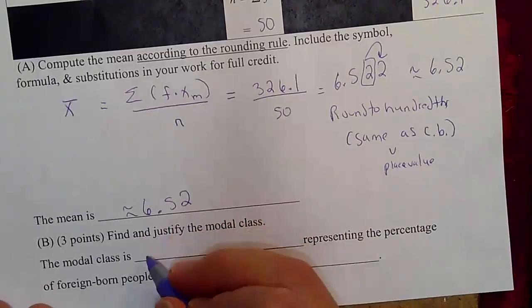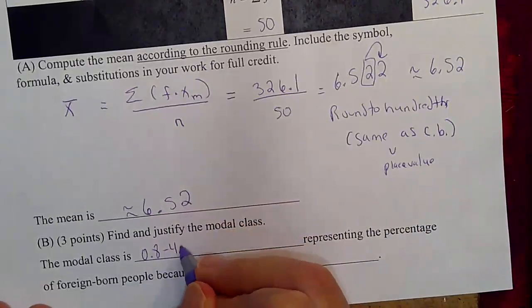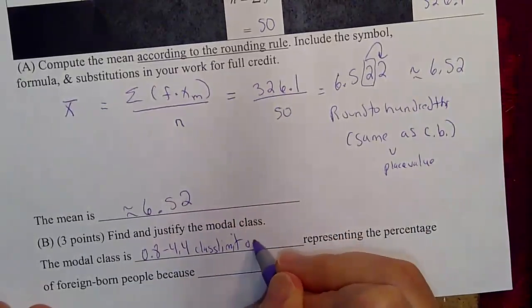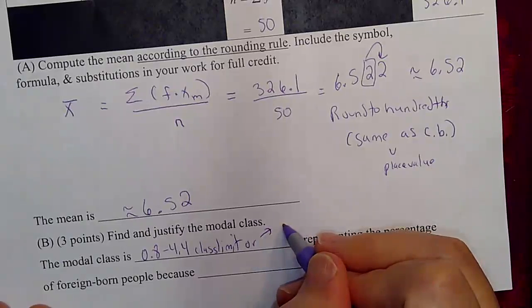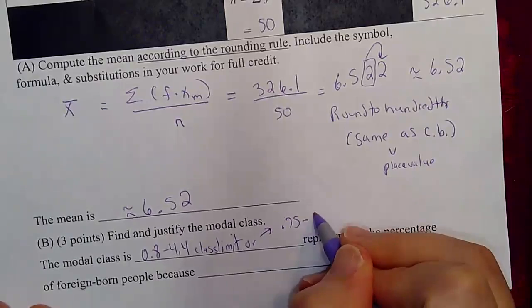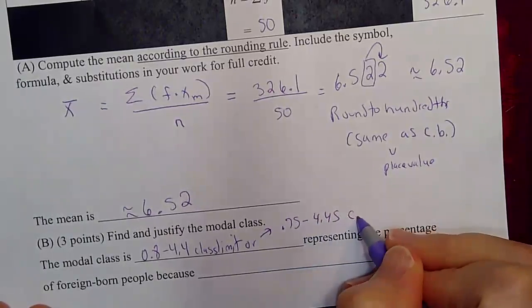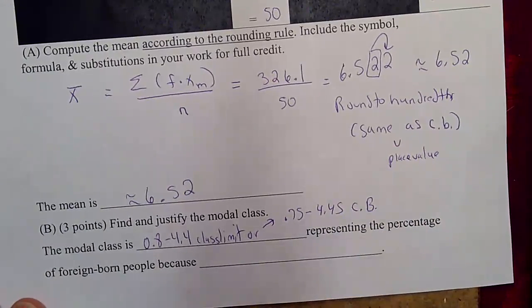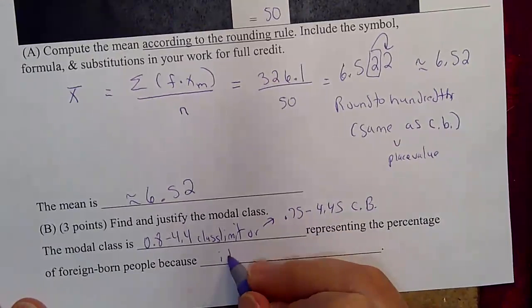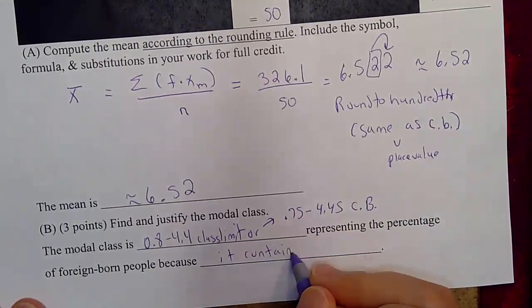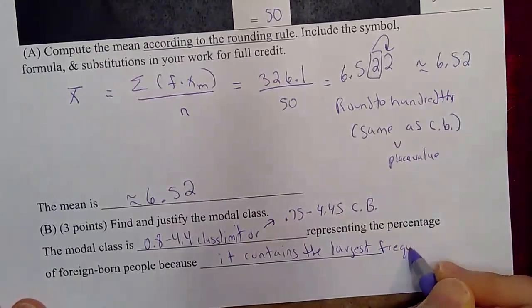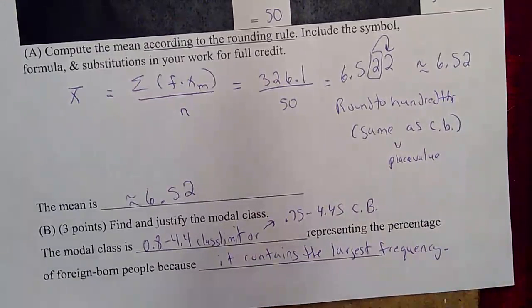So I reported it as the class limit. I put the modal class is 0.8 to 4.4, and that's the class limit. But you can also report it as the class boundary, 0.75 to 4.45, and that's CB, which is the class boundary. And that represents the percentage of foreign-born people. And why? That's because it contains the largest frequency. That's why that works.